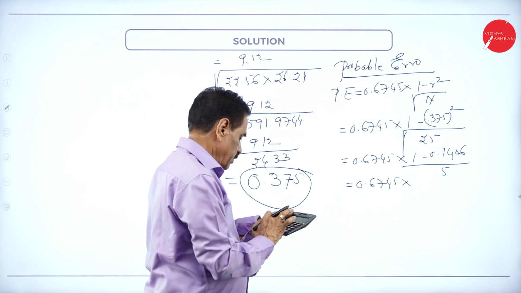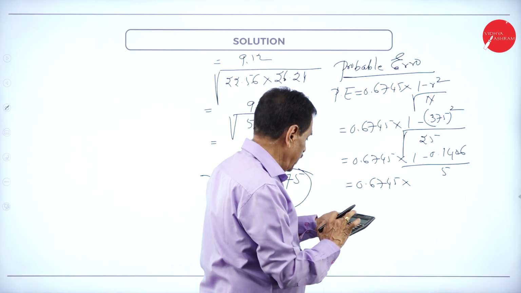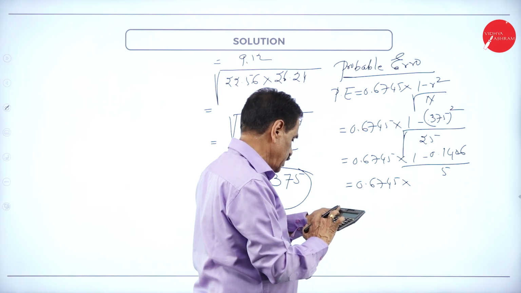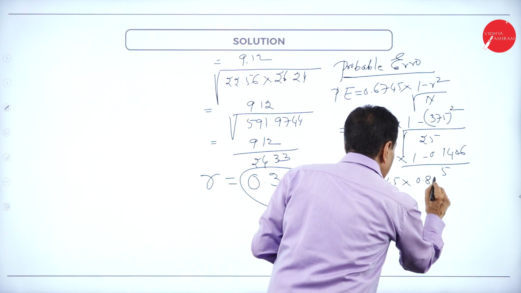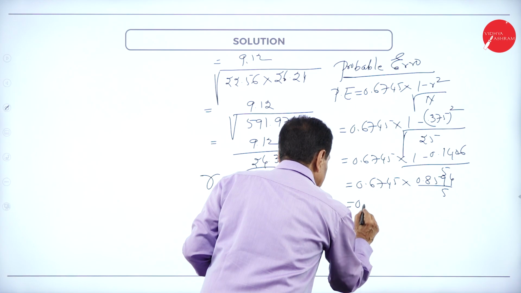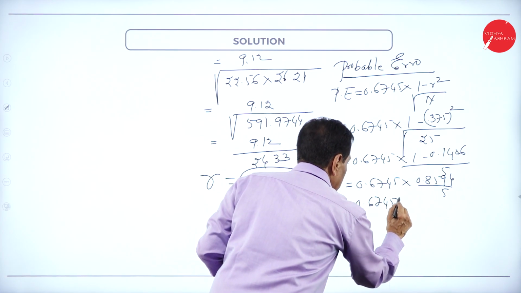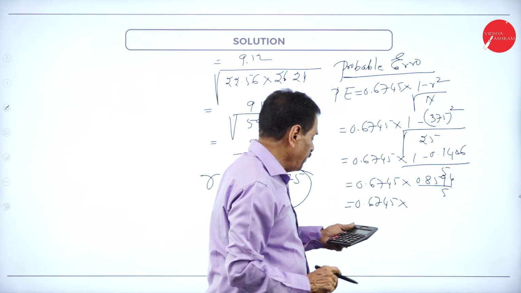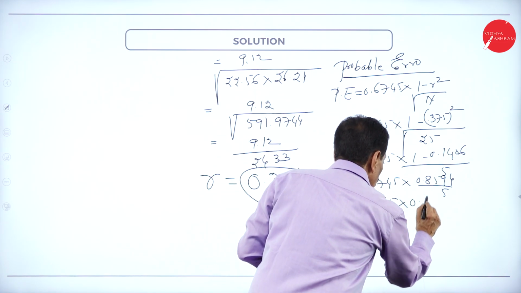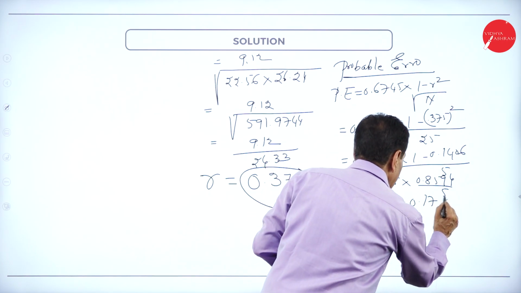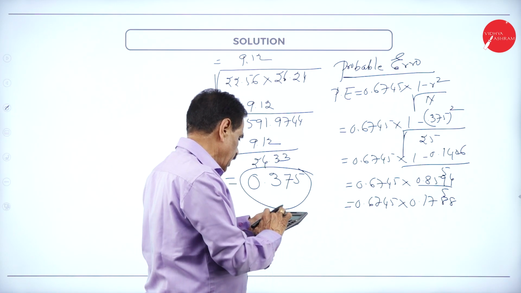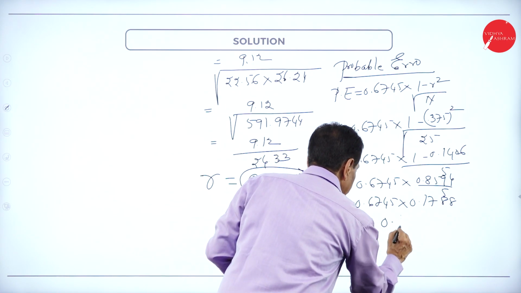So 0.6745 into 1 minus 0.1406, which is 0.8594, divided by 5. 0.6745 into 0.8594 divided by 5 is 0.1788 into 0.6745, which is 0.11.